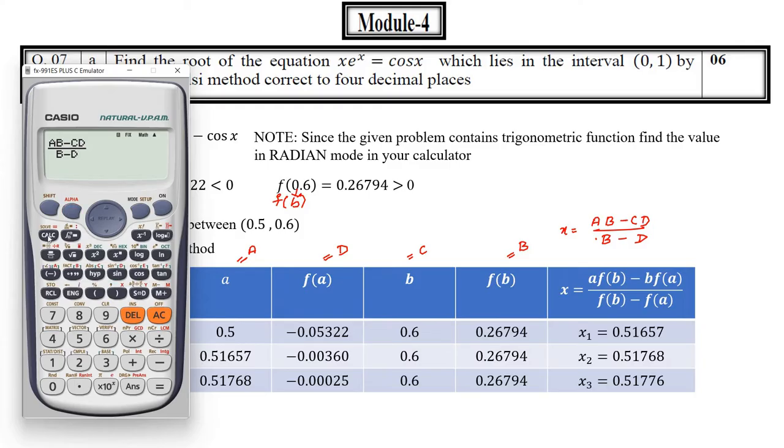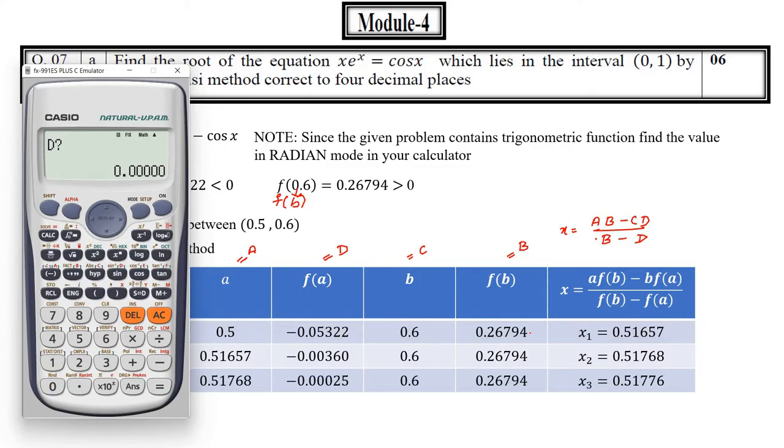After typing this, press CALC. It will ask the values of A, B, C, D. First type the A value, which is 0.5. Press equal to. Then it will ask B, which is f of b, that is 0.26794. Press equal to. Then the capital C value, that is 0.6.